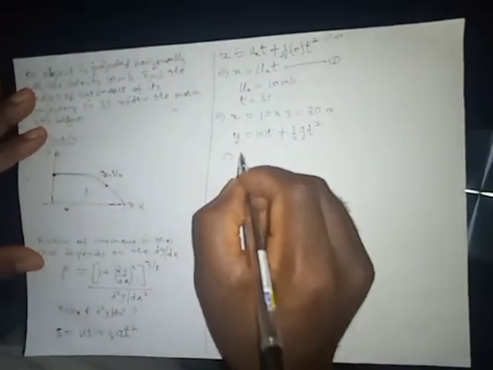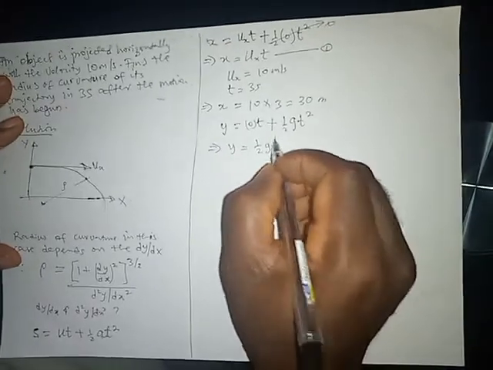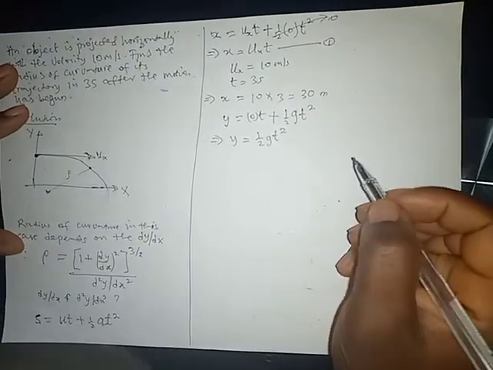This implies that y is equal to half g t squared.